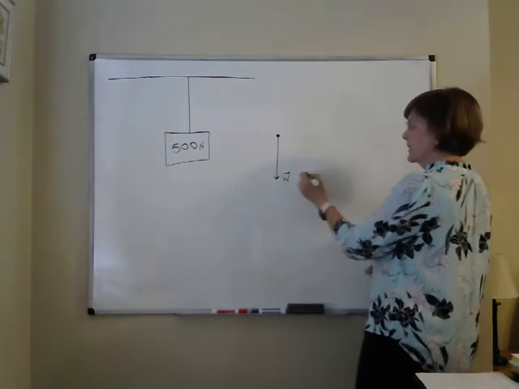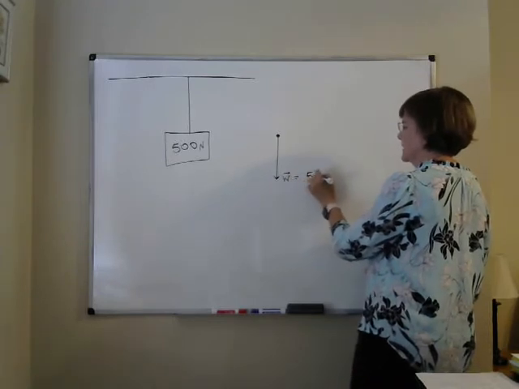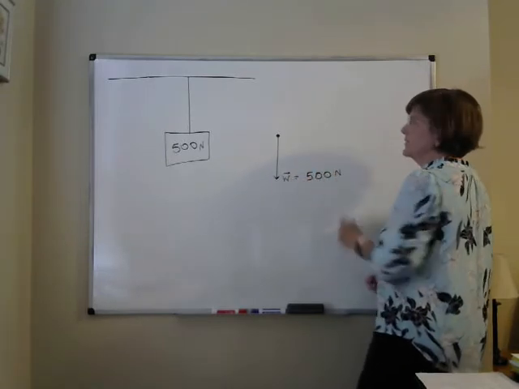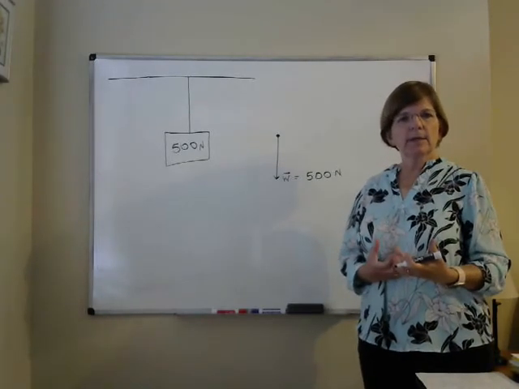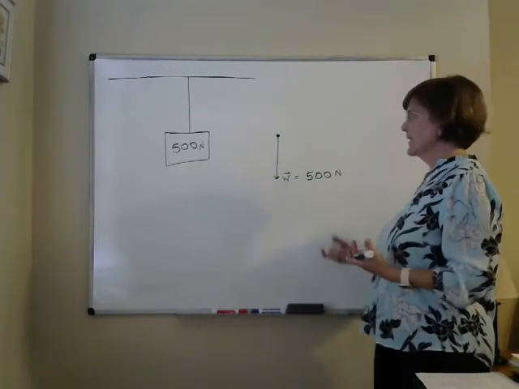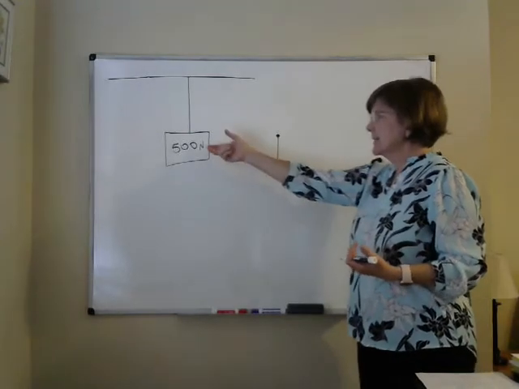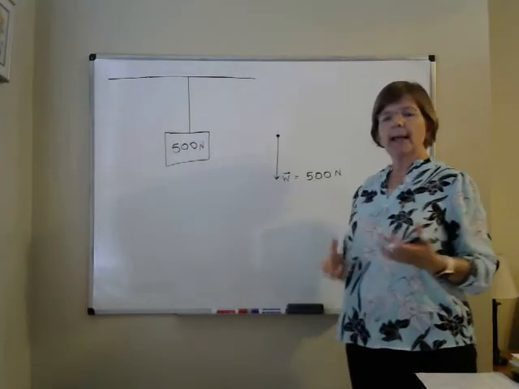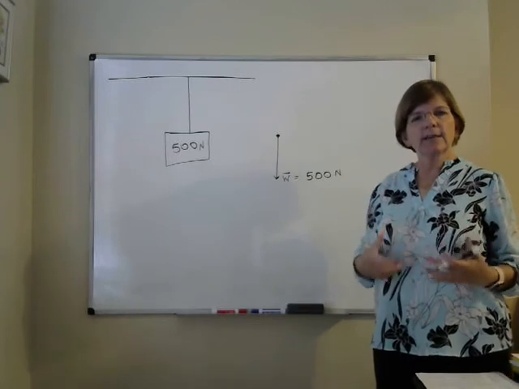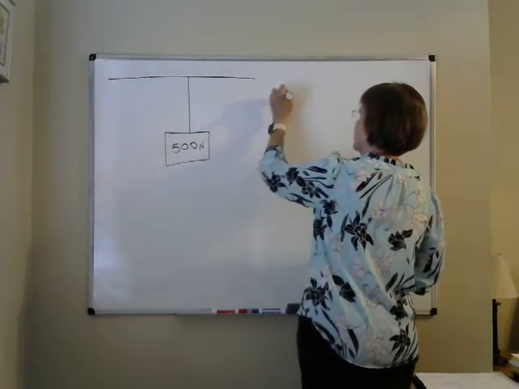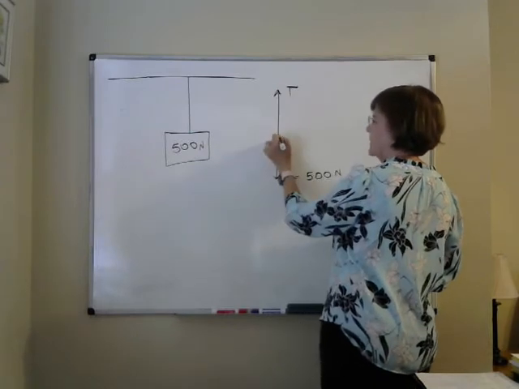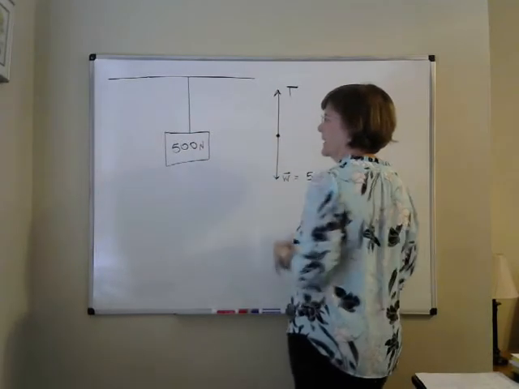And they told me what it weighs. It weighs 500 newtons. The question that might be asked is, what's the tension in the cable? Well, the cable is the other force. The reason that this 500 newton force is remaining at rest is because I know the net force is balanced. The tension in the cable would point upward.